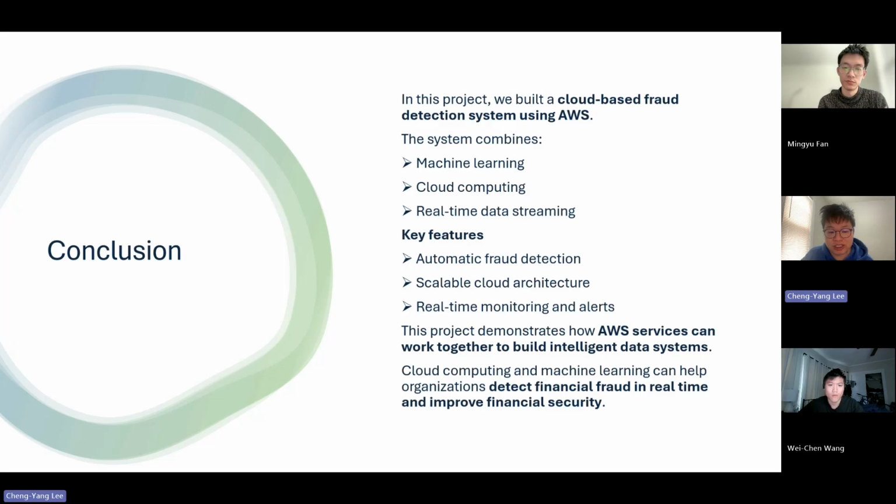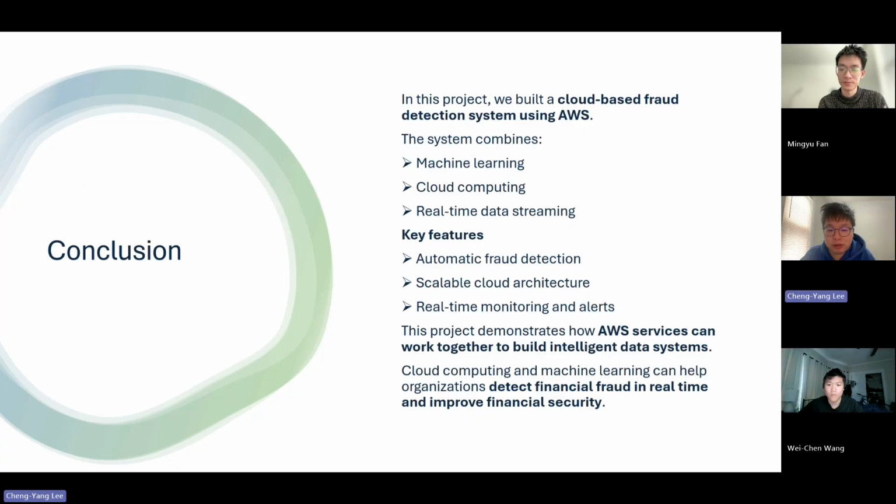In conclusion, we built a cloud-based fraud detection system using AWS. This system combines machine learning, cloud computing, and real-time data streaming. It can automatically detect fraudulent transactions, scale with data volume, and monitor the system in real time.